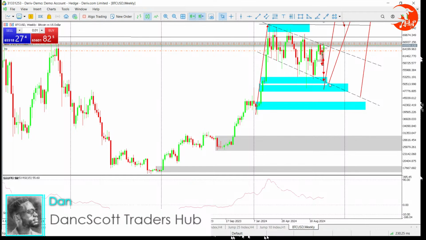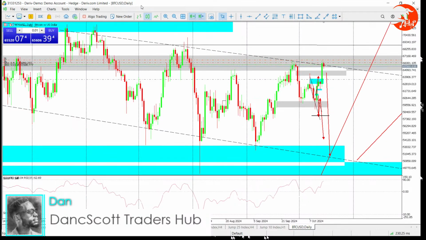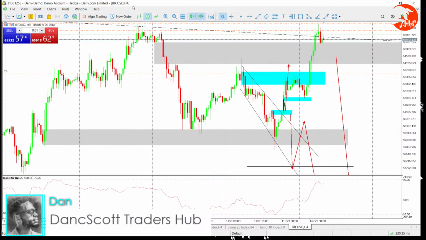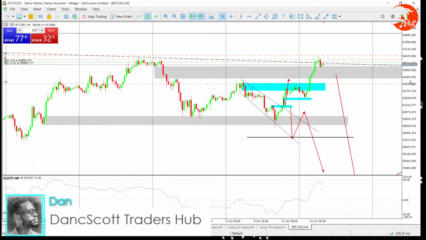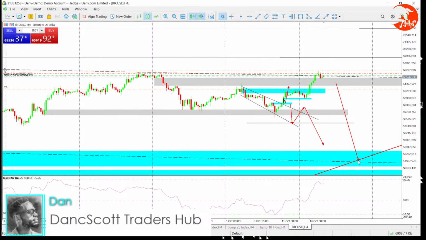So for anyone who wants to invest in Bitcoin, we still have a chance to grab it all the way down below here. If I bring a price level here, you will see that it will be around 51k if it comes all the way down. But if it comes to this level, it will be 49k.